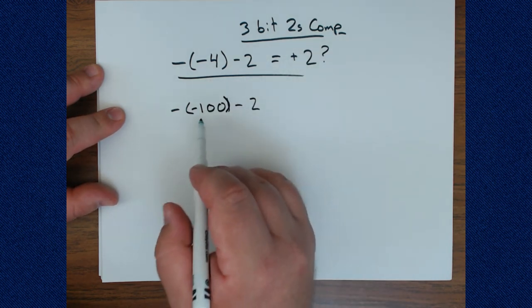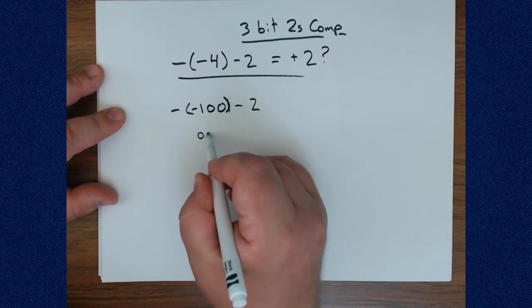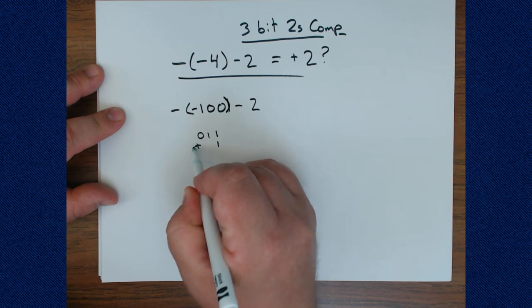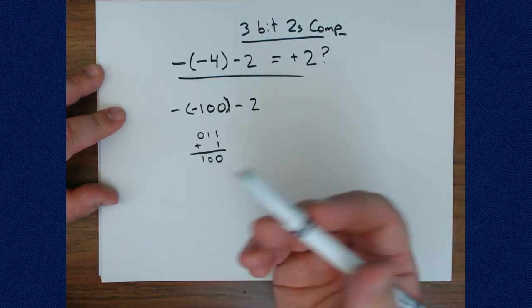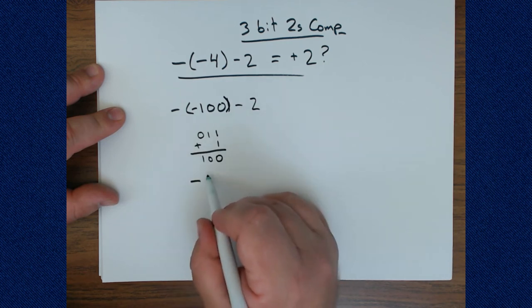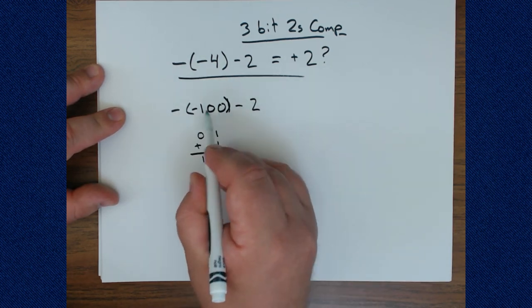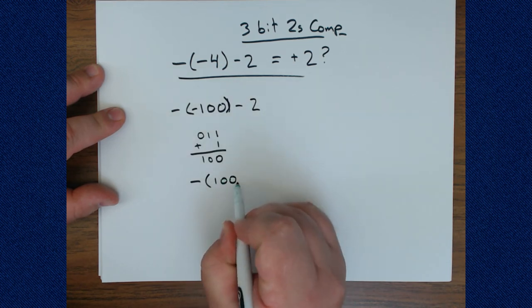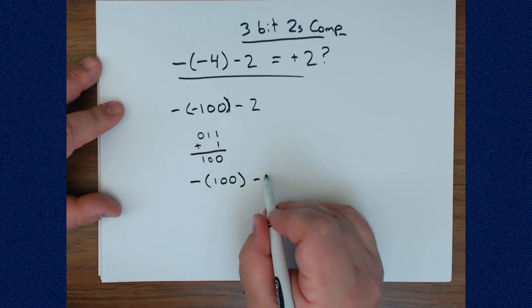Now let's see here. So let's negate 1, 0, 0. Flip all the bits, 0, 1, 1. Add 1 to that, and that will give us 1, 0, 0. All right, now we have negative from here, parentheses, the updated bit pattern after the negation, 1, 0, 0. And now from that, we will eventually subtract 2.